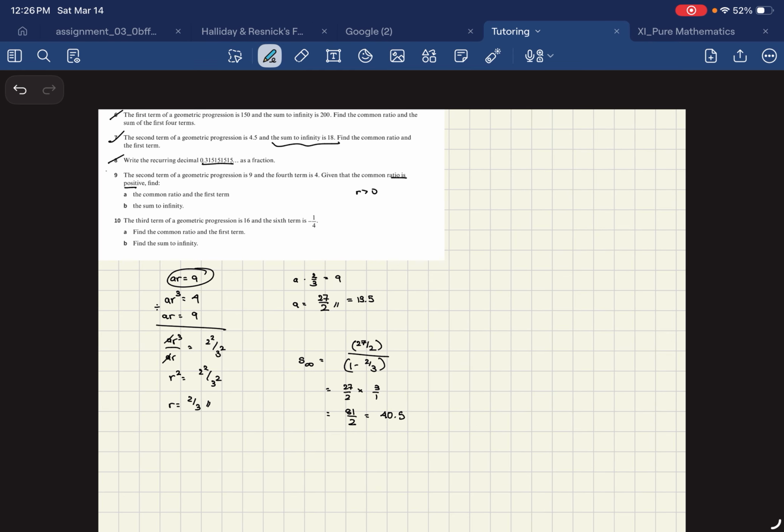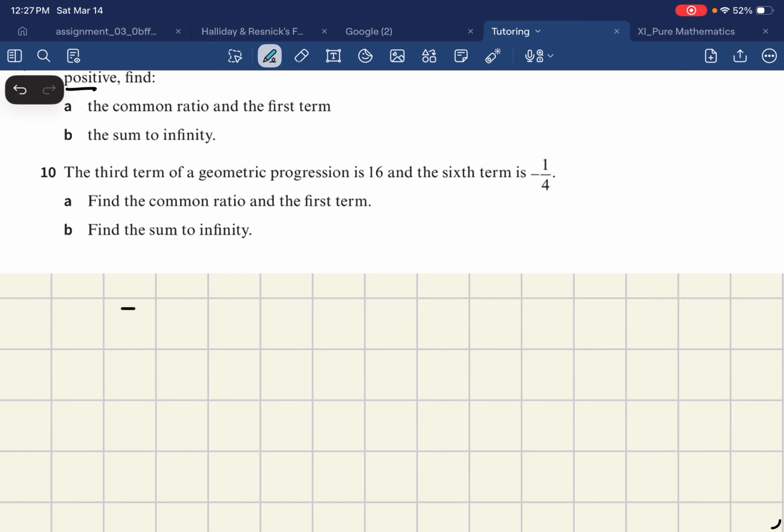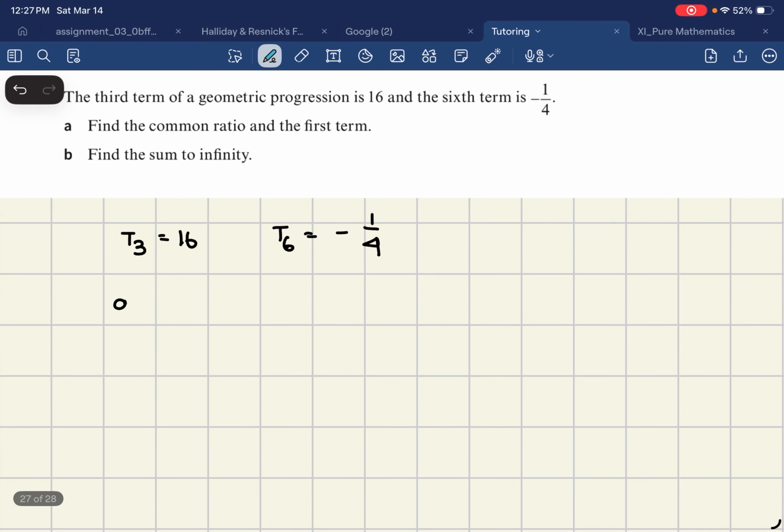Fairly simple. All right, let's move on to question 10. The third term of a geometric progression, T3, is equal to 16, and T6 is equal to negative 1 over 4. So T3 is just AR squared, remember, is 16, and T6 is AR to the power of 5, that is negative 1 over 4.